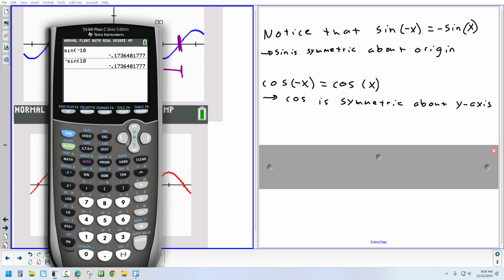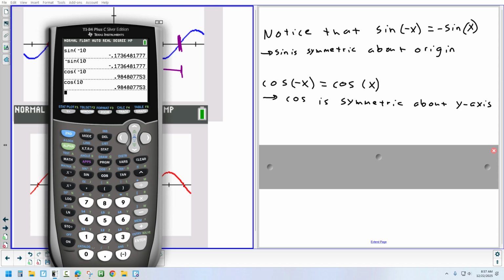Whenever something has symmetry over the origin, you can put the negative inside or outside, and you get the same result. How about cosine of negative 10? What should that be the same as based on the formula? Yeah. Cosine of 10.